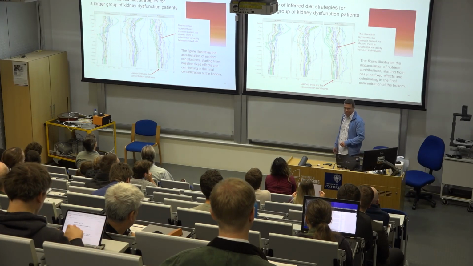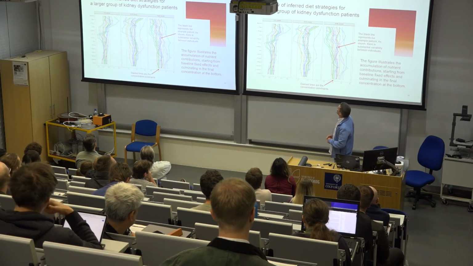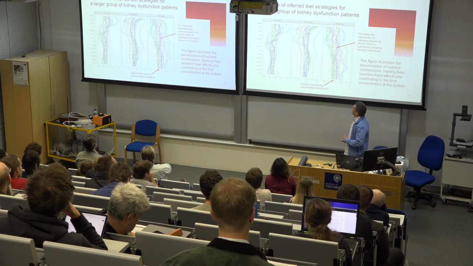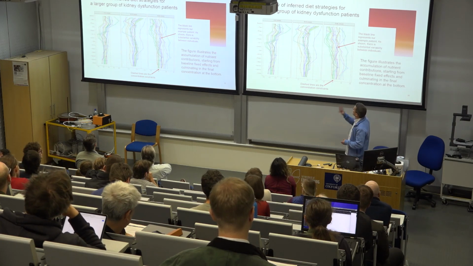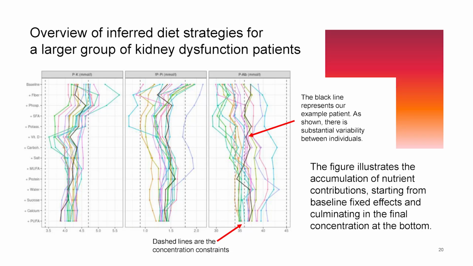Okay, and my final result slide is the bigger picture. Here is a bunch of kidney patients, and you can see from the lines that there's lots of personal variability there. The top line is the baseline.